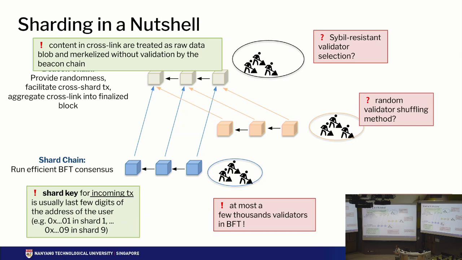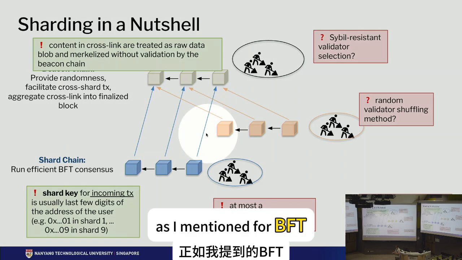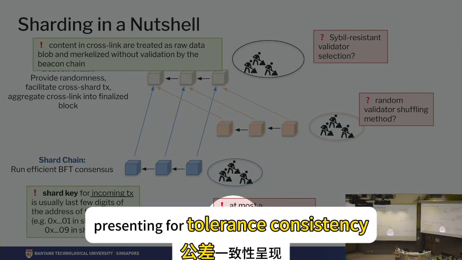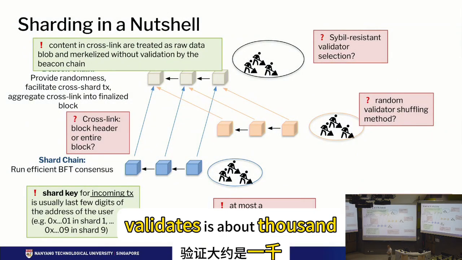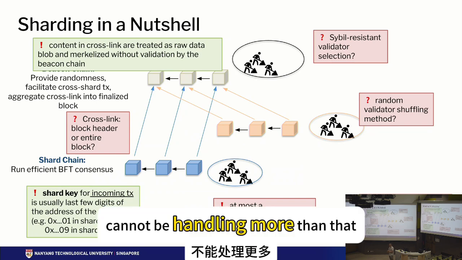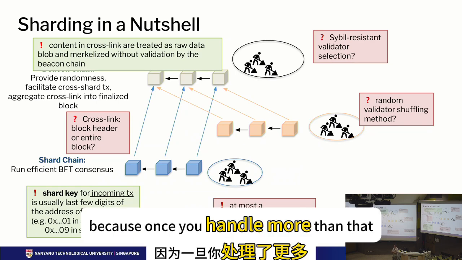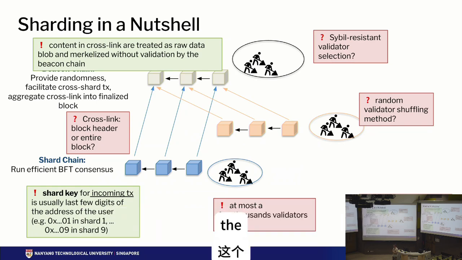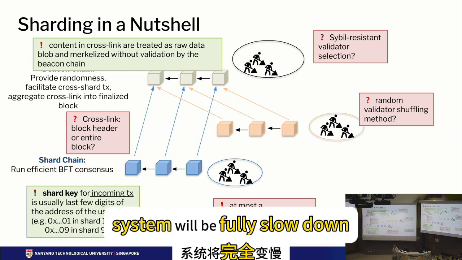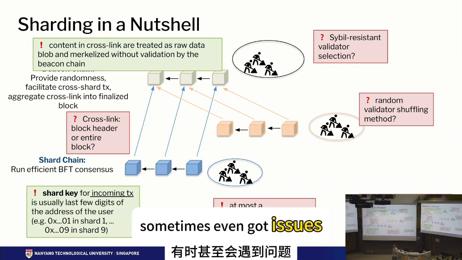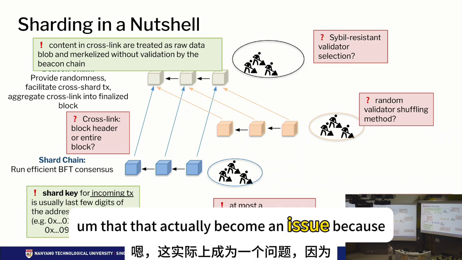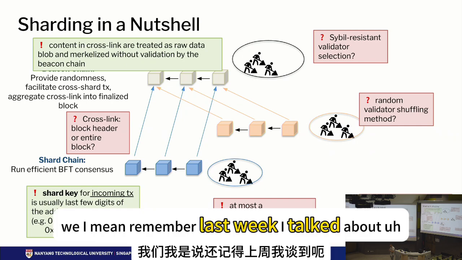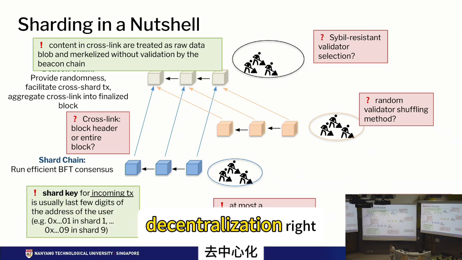And as I mentioned, for BFT, Byzantine fault tolerance consensus, normally the maximum validators is about 1,000. You cannot handle more than that, because once you handle more than that, the system will be fully slowed down, or sometimes even get issues if you have too many validators. That actually becomes an issue because remember last week I talked about decentralization, right?